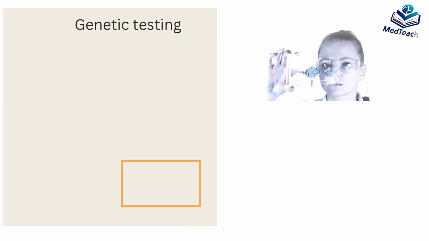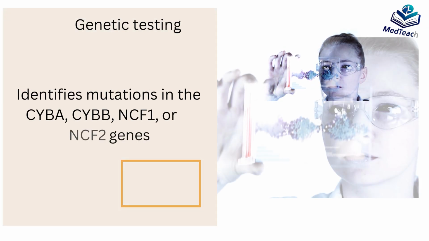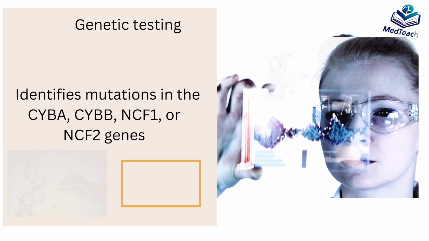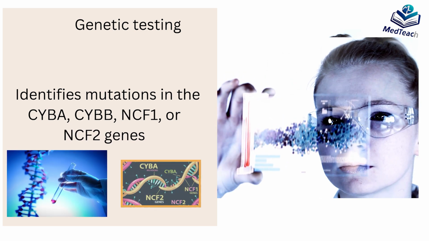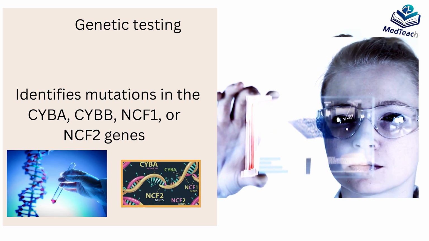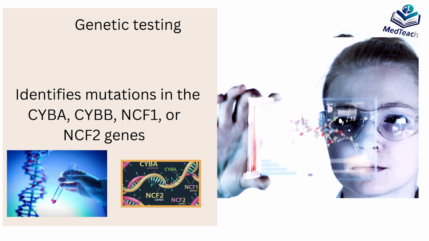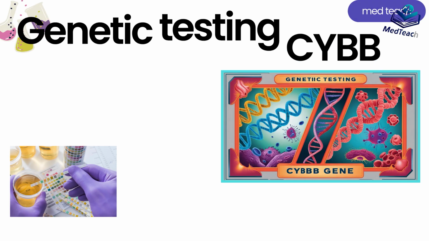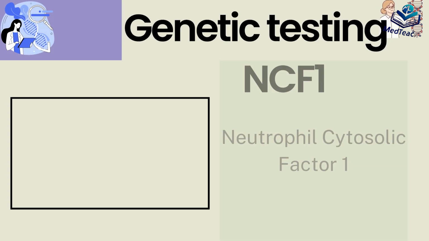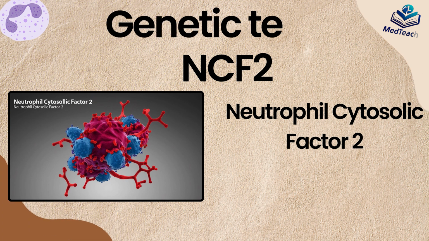Then finally, we can also go for genetic testing because chronic granulomatous disease is caused by mutations in one of the four genes that encode the subunits of the NADPH oxidase complex. So these genes will include CYBA, CYBB, NCF1 or NCF2 genes.